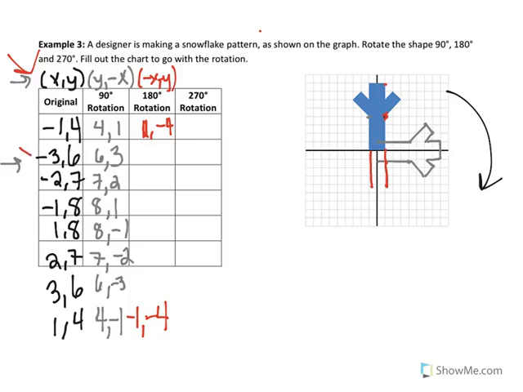So using this logic, we're going to rotate this point. It should be at 3 and -6. So 1, 2, 3, and down to -6. It should be down here. This point should be at 2 and -7. This will be right here. No, that's right.